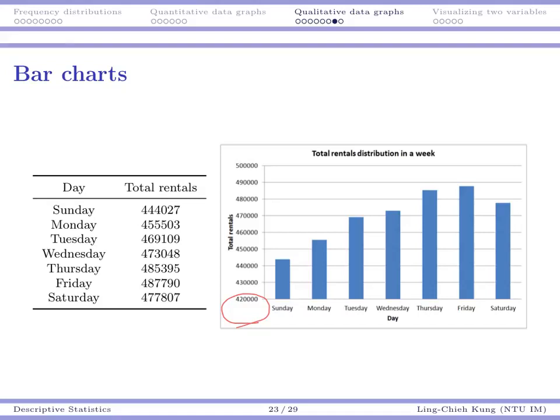In that case, these bars will be very similar to each other, and it's not so easy to highlight the differences. So it's really up to you to decide how to draw a bar chart, in particular how to set the initial number of your y-axis. That's something to decide. And when you are a reader of a bar chart, be aware of this.